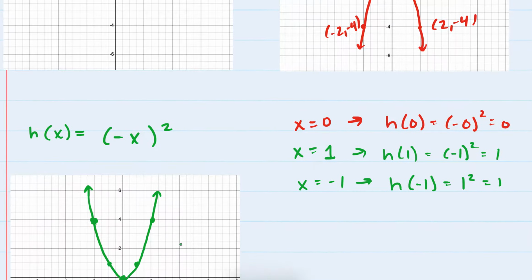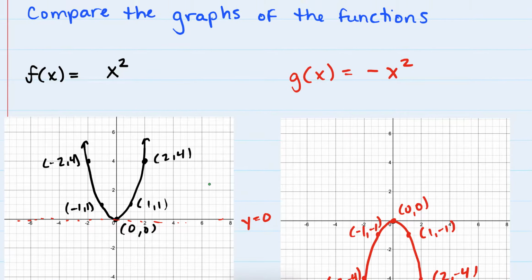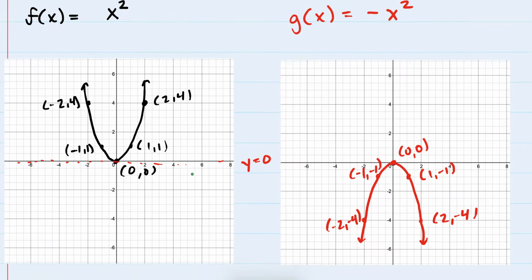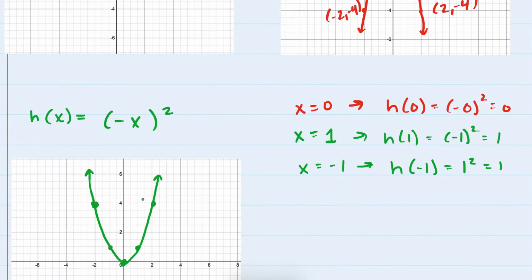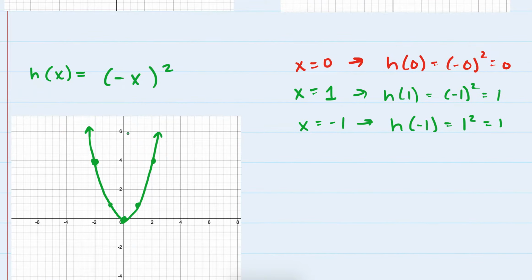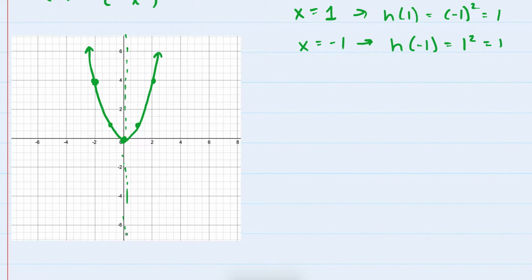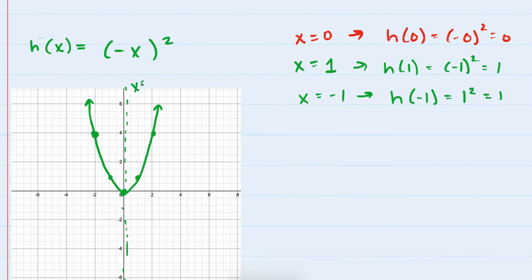So let's compare this one to our original function here. What do you notice? Well, these graphs look the same. So it's not that putting this negative here didn't change the graph. It actually did change the graph. It happens to be that you're going to reflect your graph along the line x is equal to 0.